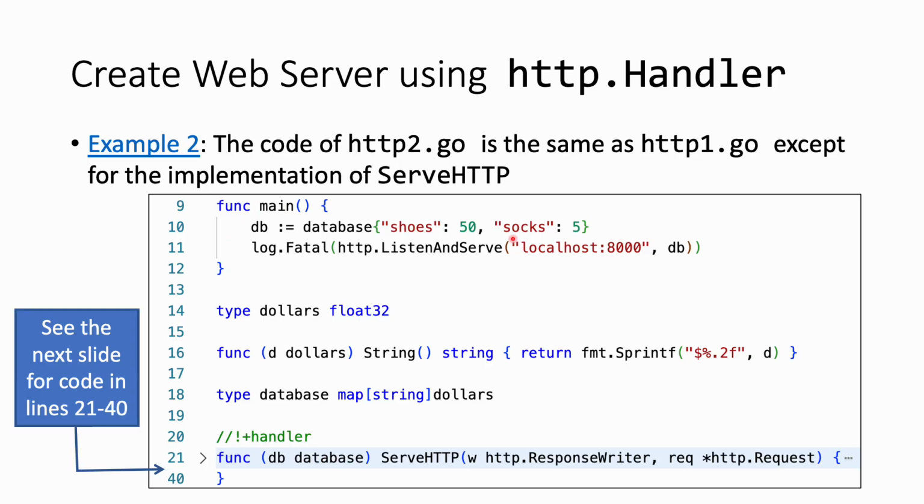So the main function is the same. We also have the same definition for dollars and database. So here the body of the method serve HTTP on a database is different.